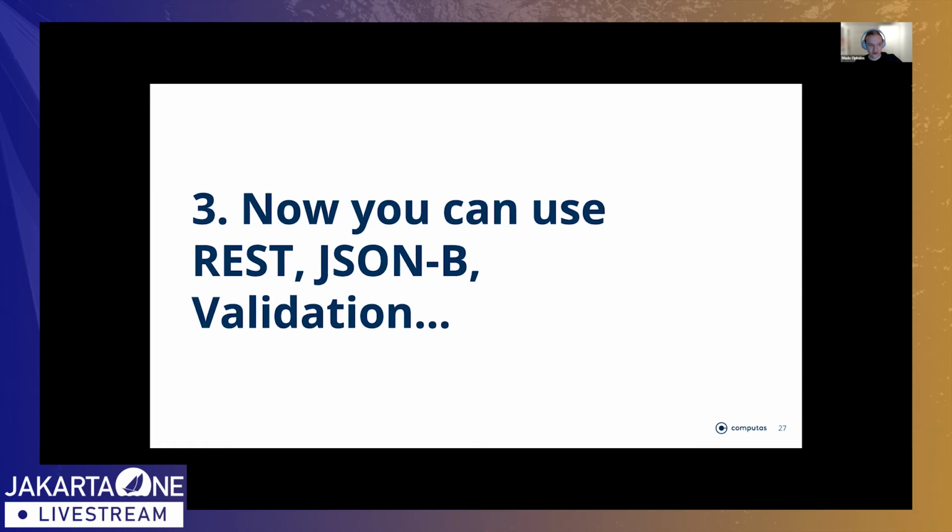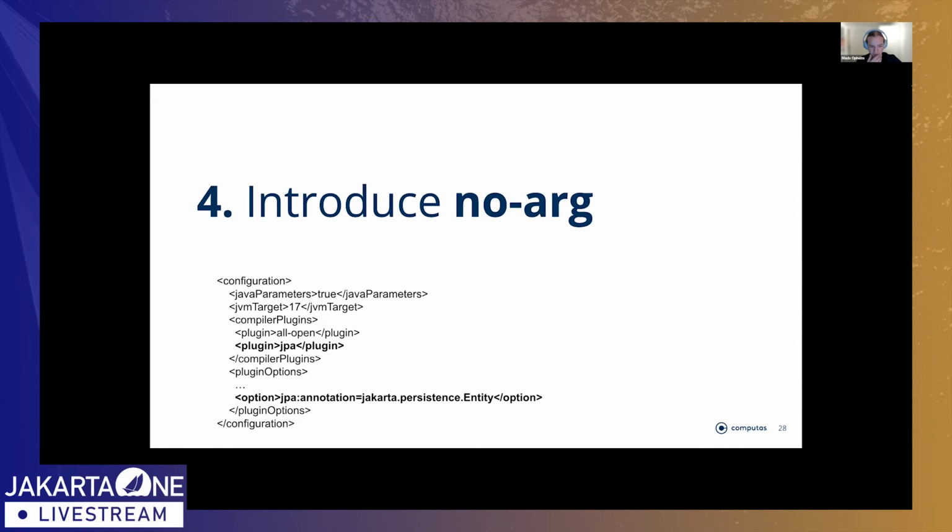And with that done, you can use REST, you can use JSON-B, you can use bean validation, and many of the other specifications in Jakarta EE, but not all of them. So let's introduce the other compiler plugin as well. It gives you a no-arg constructor.